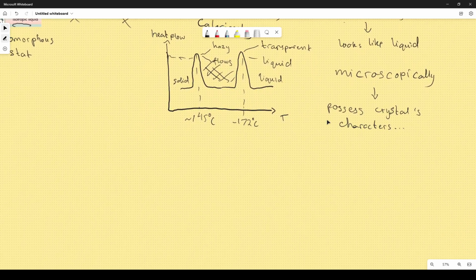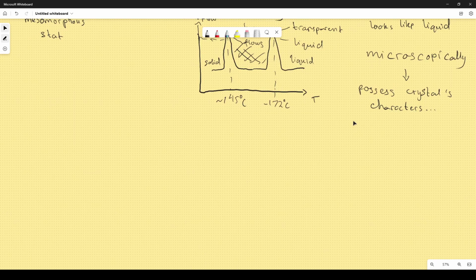But when we're talking about these molecules, what are we really talking about? What are the building blocks of liquid crystals? I'm just going to shorten it to LCs, for liquid crystals.